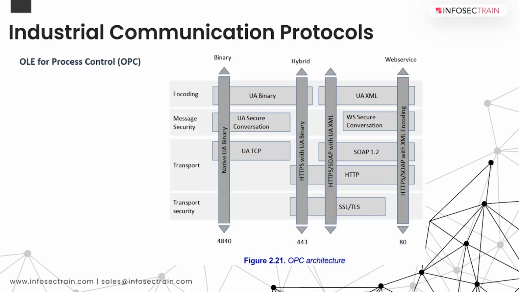OPC UA is inherently secure, compared to the previous OPC, which is a nightmare, and it also provides a lot of interoperability. That's the reason why people are using OPC. Because two different vendors might use Modbus or Profibus, but still they are not able to talk to each other.